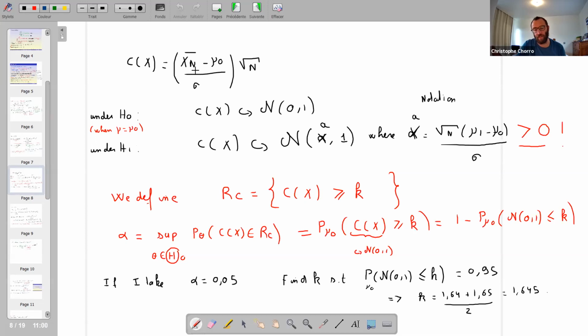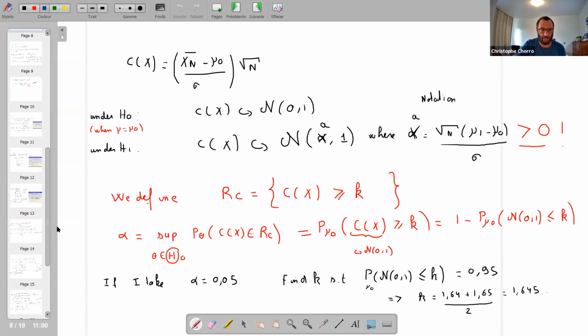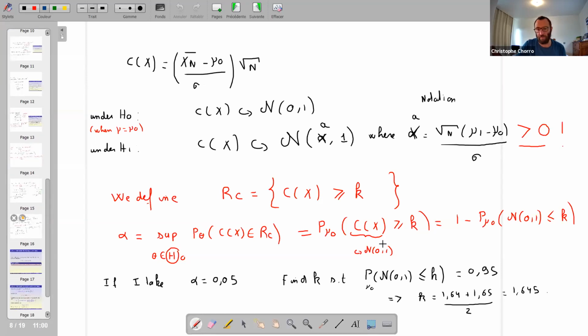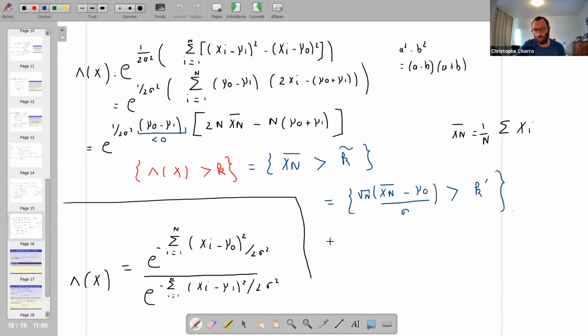C of X was x̄n minus mu0 over sigma multiplied by the square root of n. That is exactly what I obtain in my situation here. So see the first video, where I called it C of X greater than something.